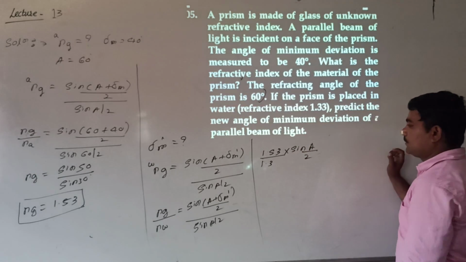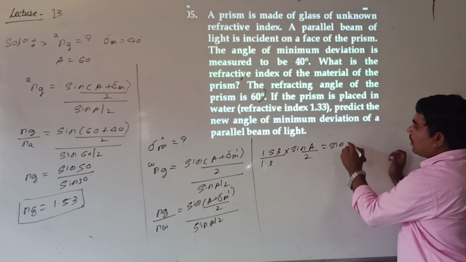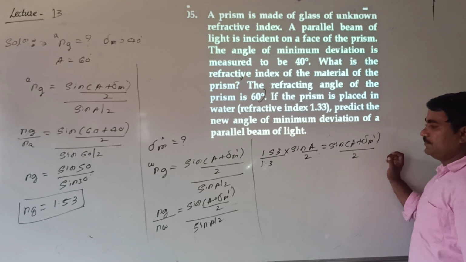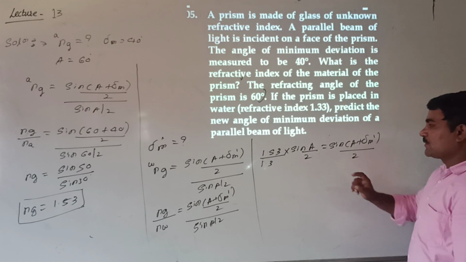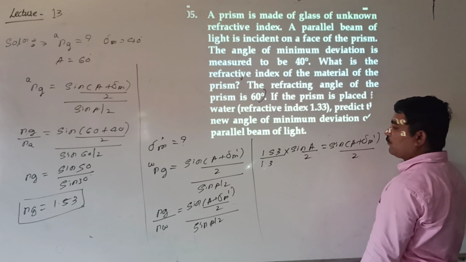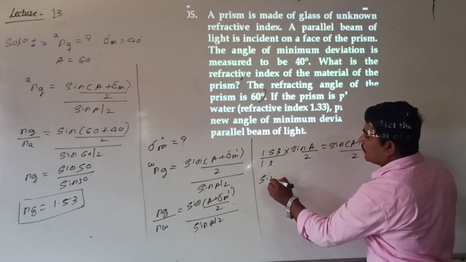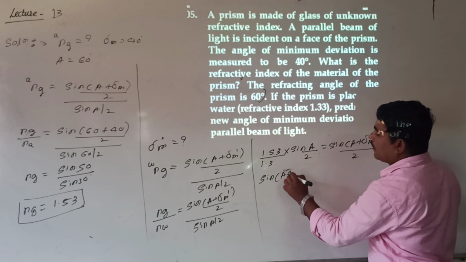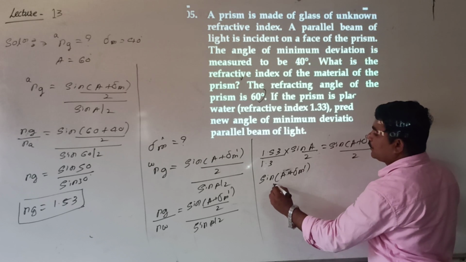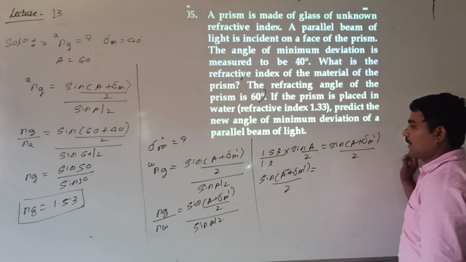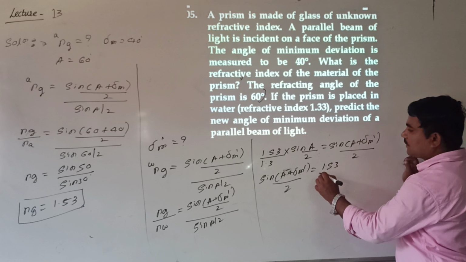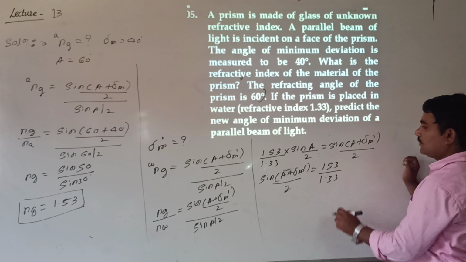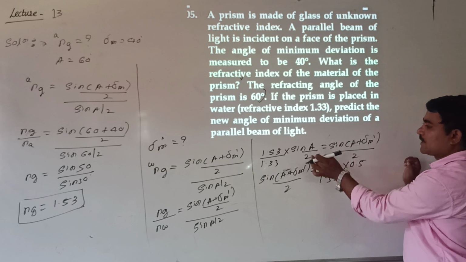So 1.53 divided by 1.33 is equal to sine of (A plus delta m dash) divided by 2, over sine of A by 2. Sine A by 2 is sine 60 by 2, that is sine 30, and sine 30 is 0.5. Then sine of (A plus delta m dash) divided by 2 is equal to 1.53 divided by 1.33 into 0.5, because sine 30 is 1 by 2.